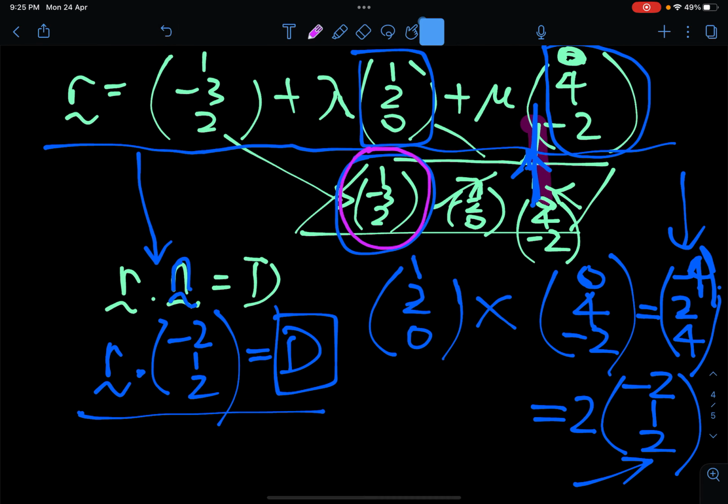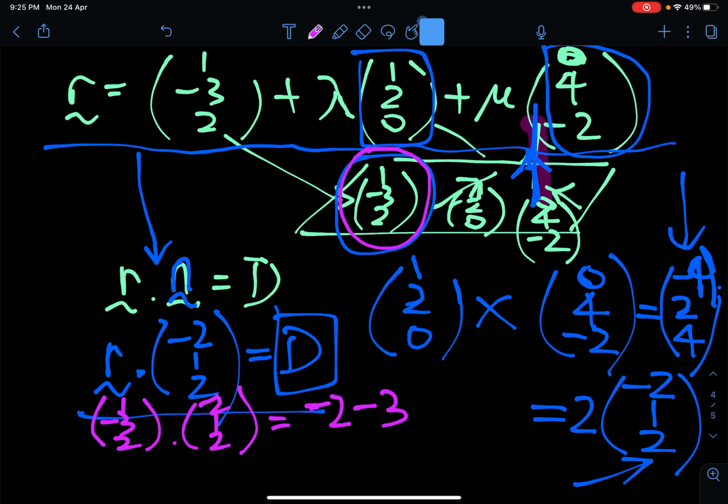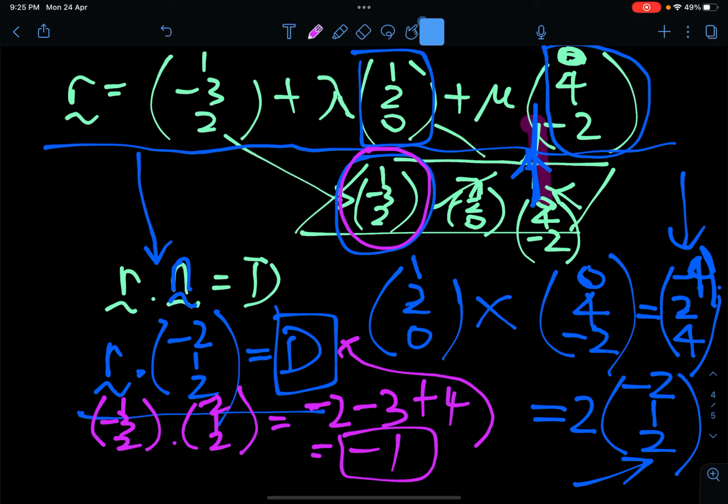I'm going to put here 1, -3, 2 dot with -2, 1, 2. That is 1 times -2 is -2, -3 times 1 is -3, plus 4. So this gives us -1. That means this d number is actually -1.